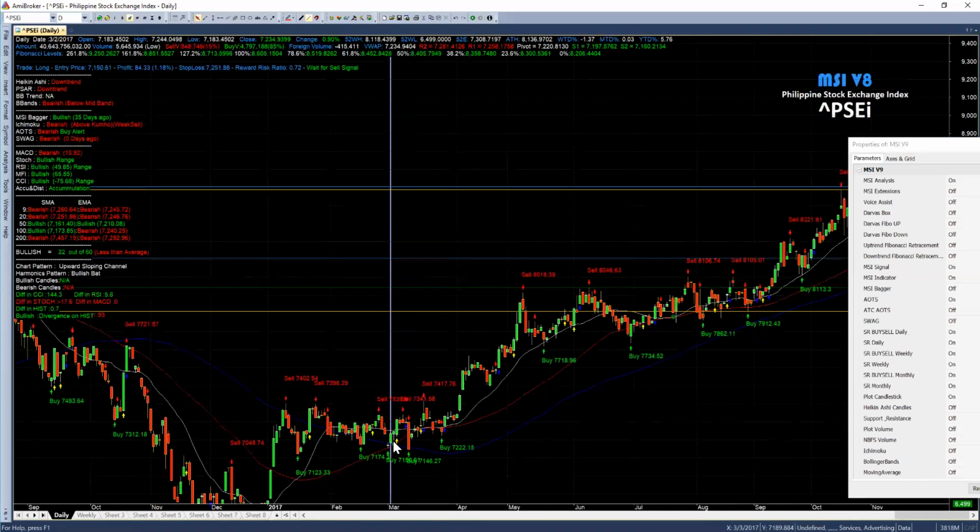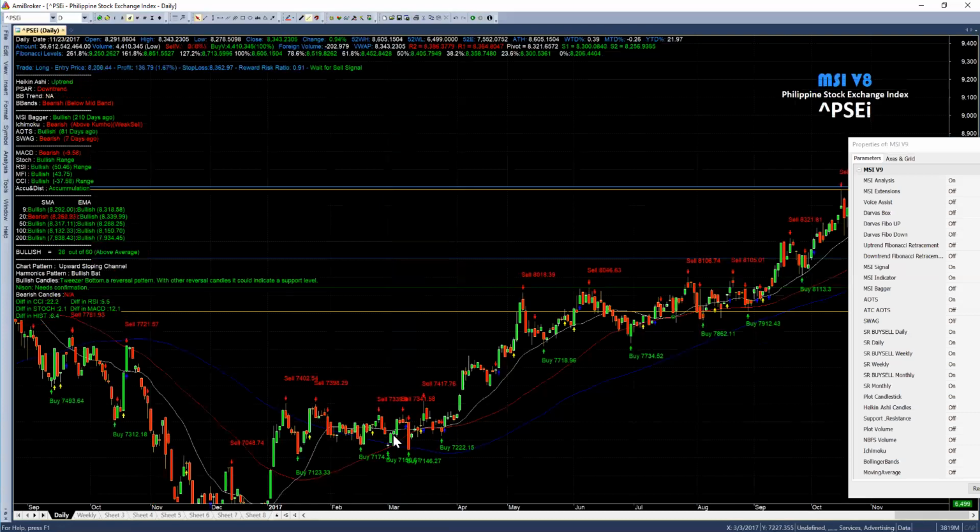Okay. So, ayun. Nakita nyo, nagkaroon muna ng buy alert bago pa siya nag-cross. So, bibigyan niya kayo ng advance alert para makapasok kayo kaagad and to maximize your profit. Okay, so that's your alignment of the stars.